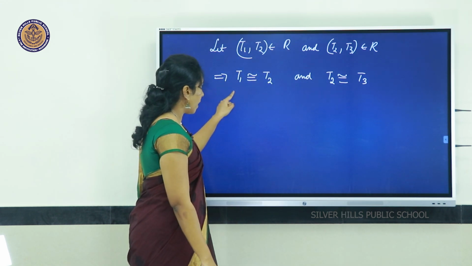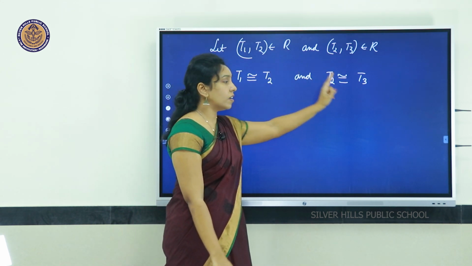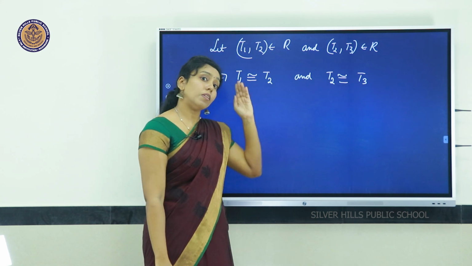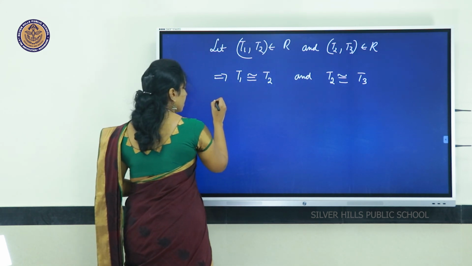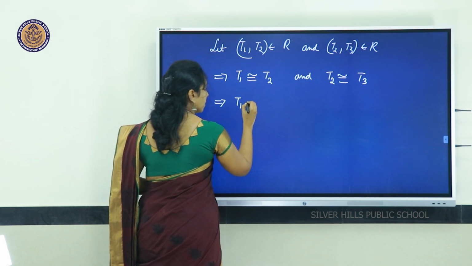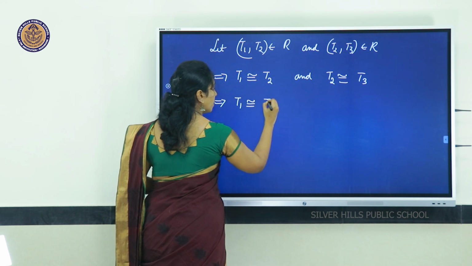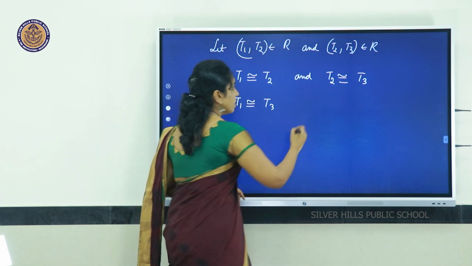So you have a triangle congruent to another triangle, and that triangle is congruent to another one, T3. This means T1, the first triangle, is congruent to T3.